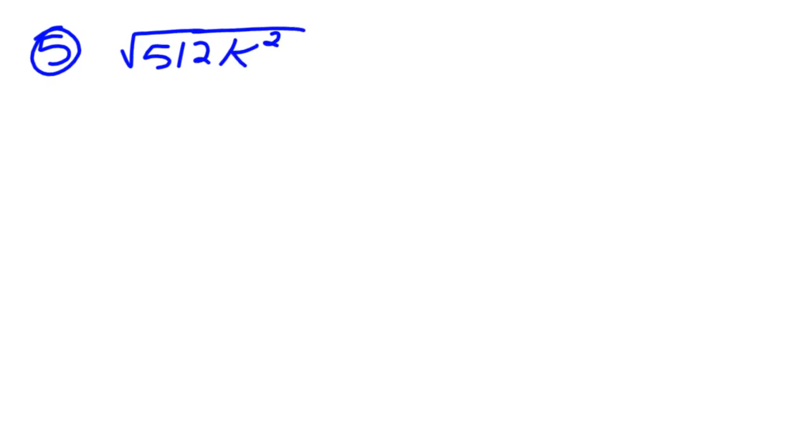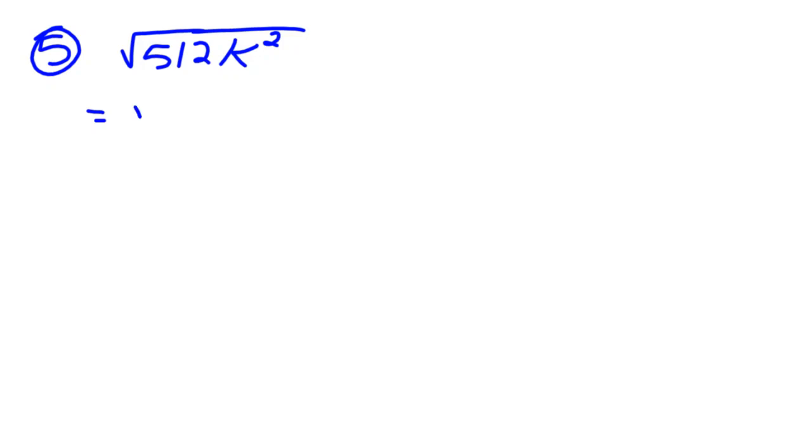So now let's try some examples using variables. Let's start with radical 512 a squared, all of that under the radical. We're going to do this the way we were doing all the previous problems. We need to find factors of 512, one of which being the greatest perfect square factor.